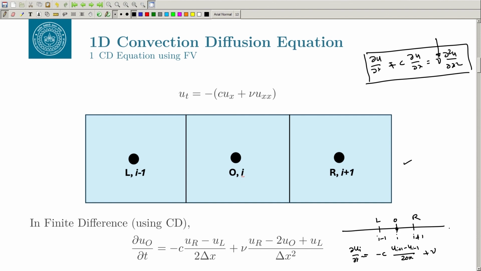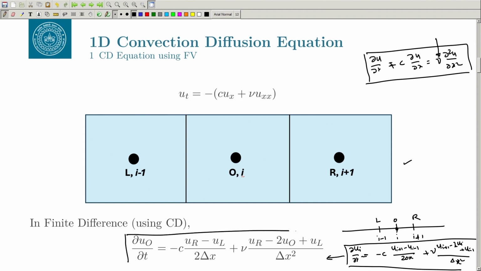So, the diffusion term will be u i plus 1 minus 2 u i plus u i minus 1 by delta x square. This is what we have studied many times. You can write it in terms of L, O and R. So, this is your expression if you want to solve it using finite difference.